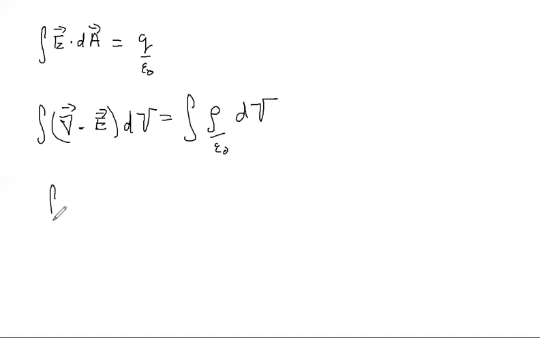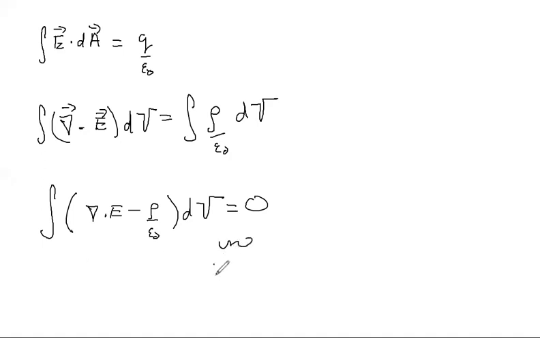Or I can rewrite this as the integral of del dot E minus rho over epsilon naught dV equals 0, just subtracting the charge density over to the left-hand side. Now, this is to be true for all regions, all geometries.